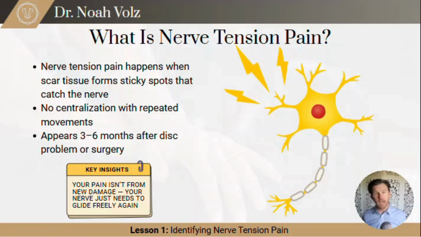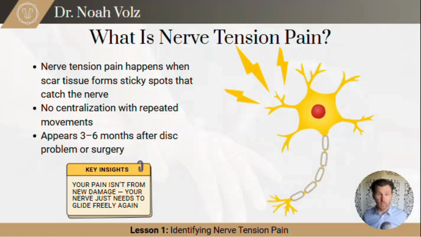And it usually happens 3 to 6 months after a problem. So you may have had back pain in the past and it never fully resolved, or you had back pain in the past, it did resolve, but now you're having this nerve tension. So it kind of comes out of nowhere, but you've had a previous episode.